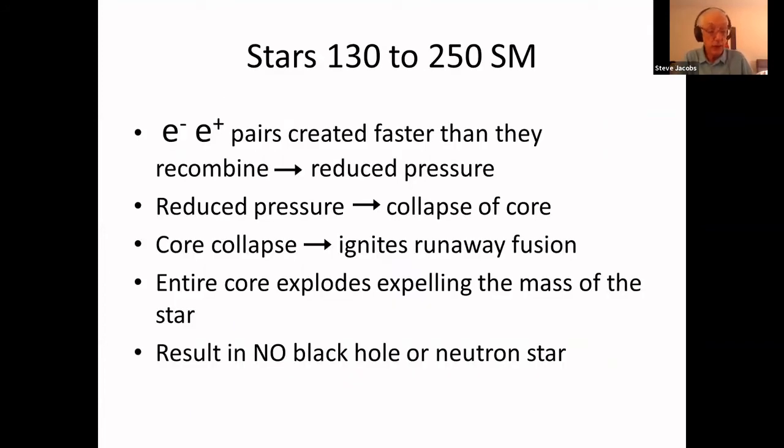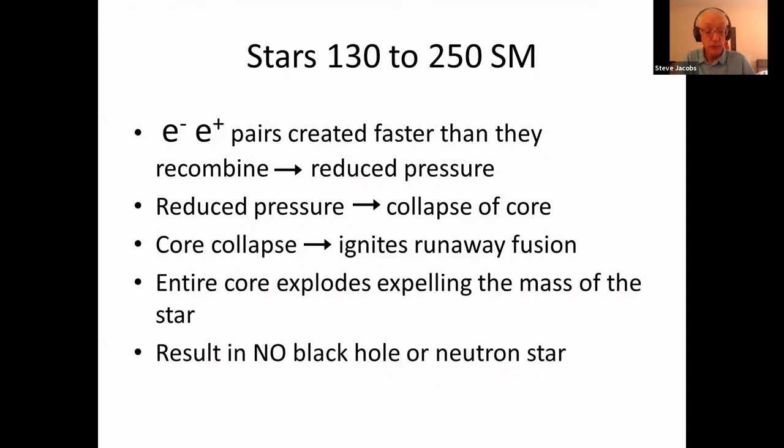In stars of 130 to approximately 250 solar masses, the gamma rays have enough energy to create the electron-positron pairs. A reduction in pressure results in a partial collapse of the star, which further ignites massive runaway fusion. The runaway fusion blows the whole star to pieces.